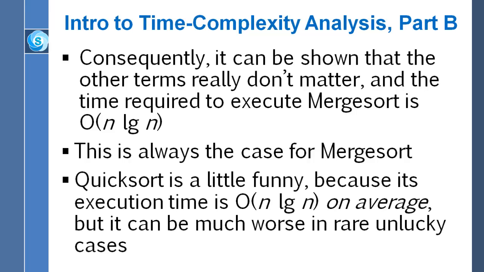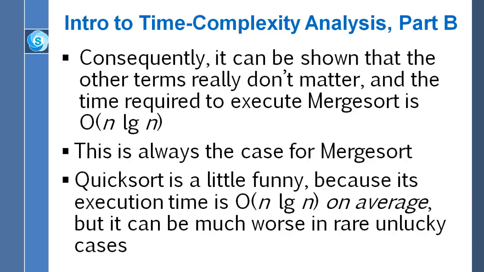All right, we're going to get less involved with quicksort and basically just make some claims here without digging into it too hard. Okay? It turns out that while you can say that merge sort is always big O n log n, that is, the time required to execute merge sort, you can't quite say the same thing for quicksort.